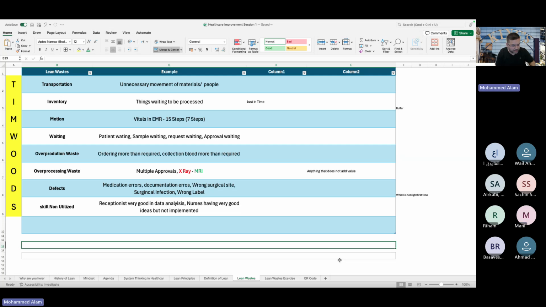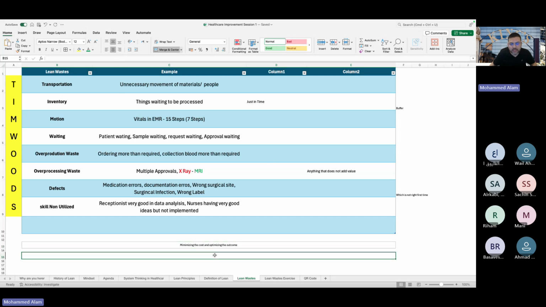Absolutely fine. Sometimes, so the two things. First of all, lean is about minimizing the cost and optimizing the outcome. That is the first principle. Now, in many healthcare setups and government driven entities, the cost is something which is not visible.